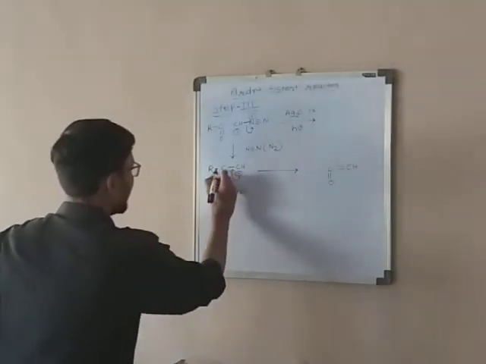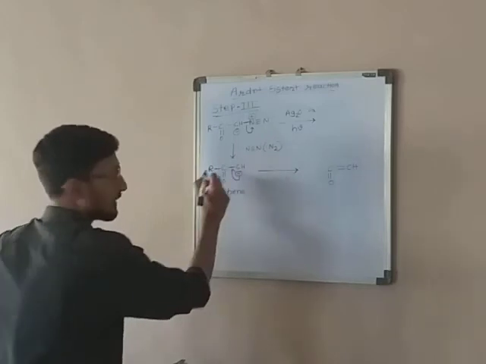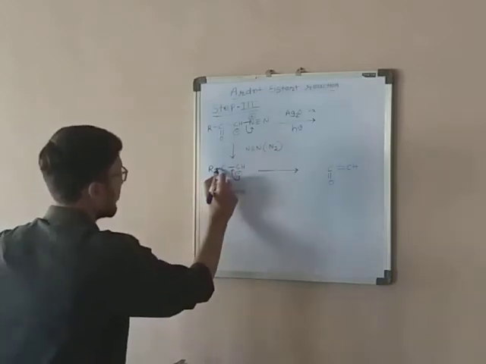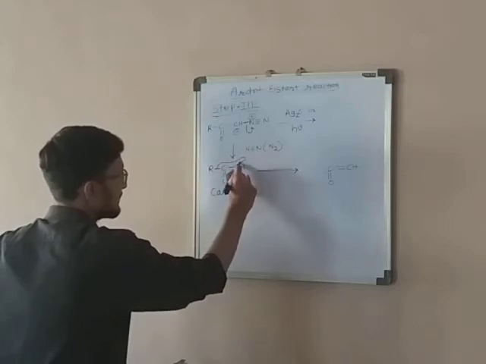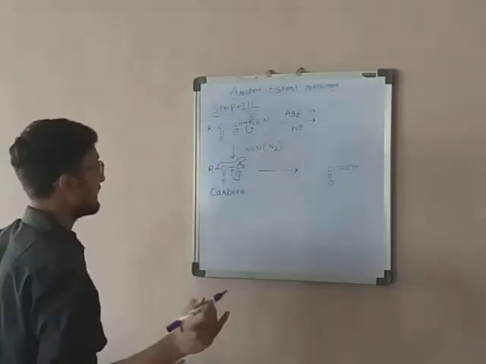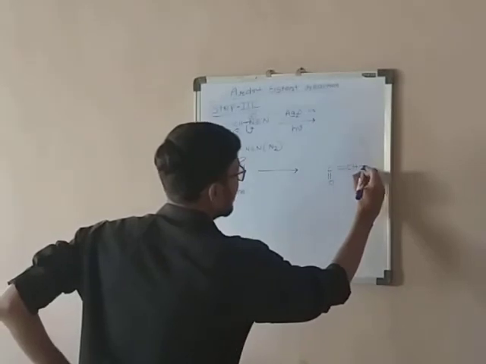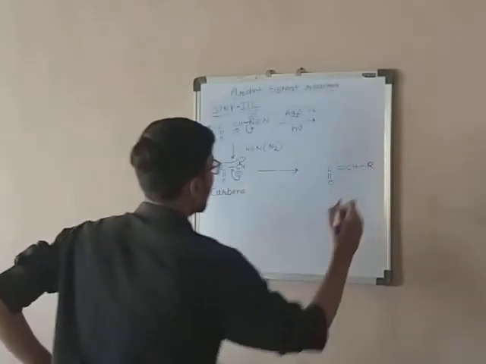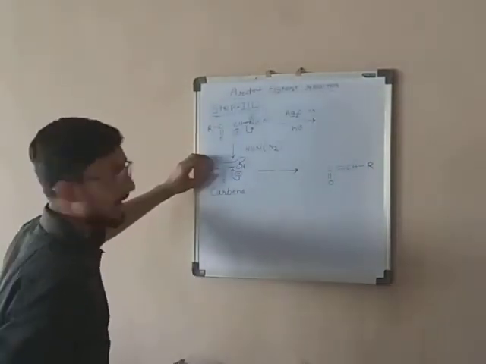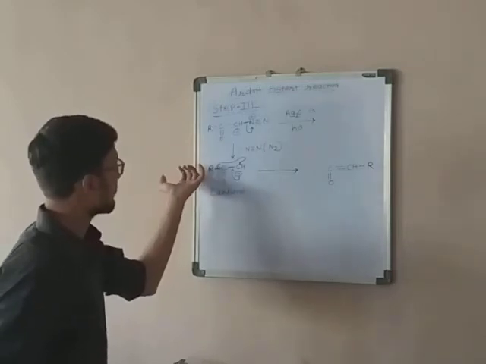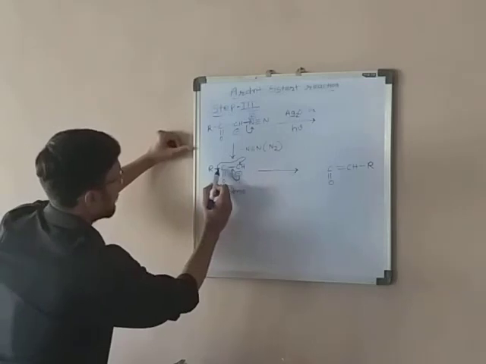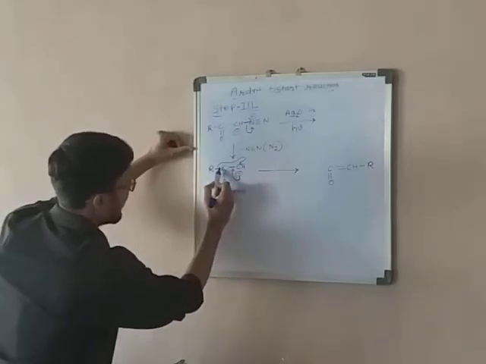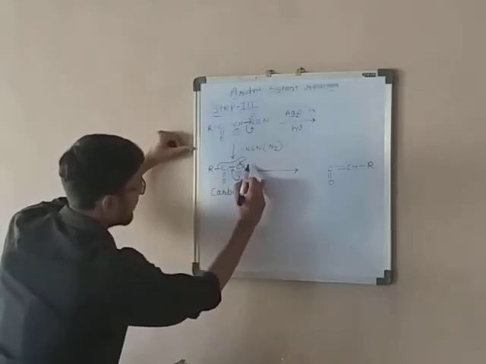And this bond will now break. This bond will be broken and this group will now get attached to this carbon. This R group has rearranged from this carbon to this carbon. It has broken the bond with this carbon and formed the bond with this carbon here.